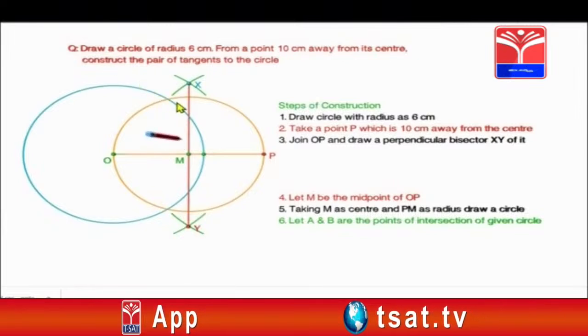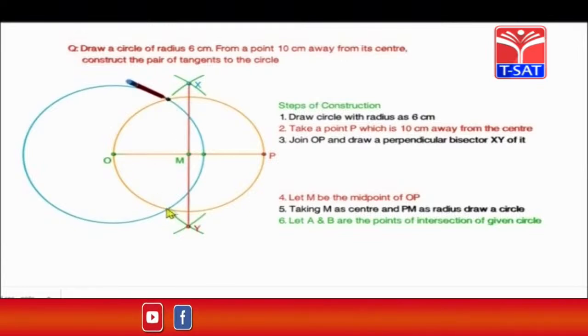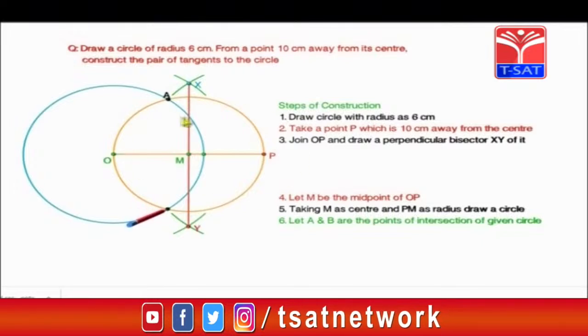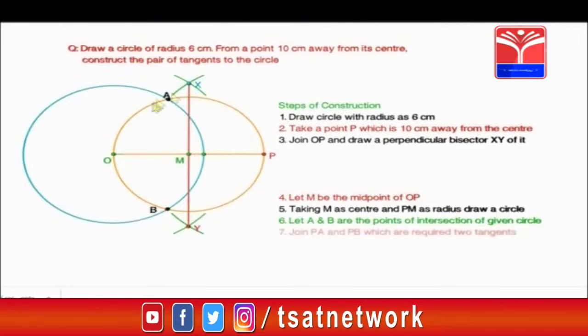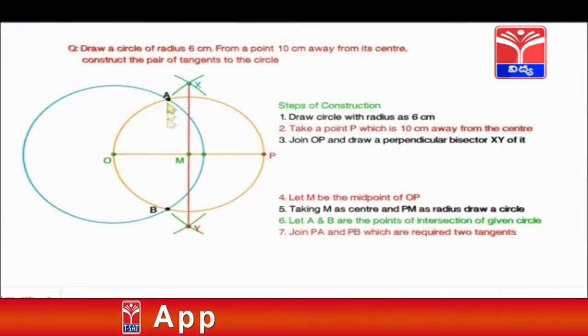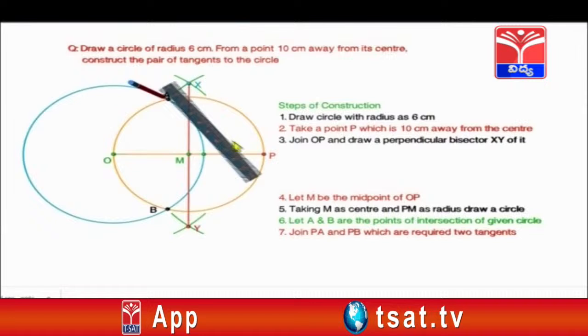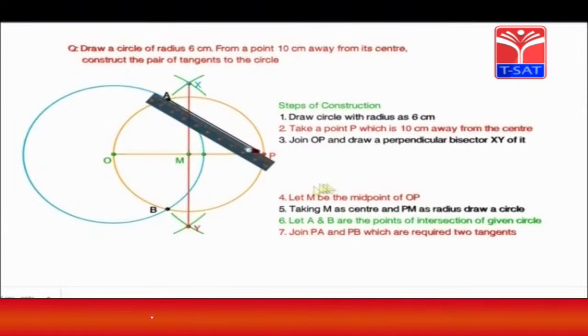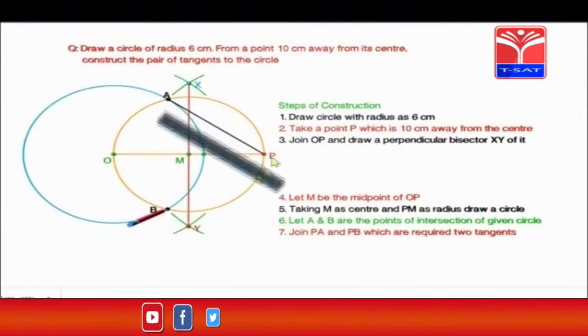So the intersecting points are, let A be one point and B be another point. Observe students, the new circle is intersecting the previous circle at 2 points A and B. Now join A and P, join PA and PB.